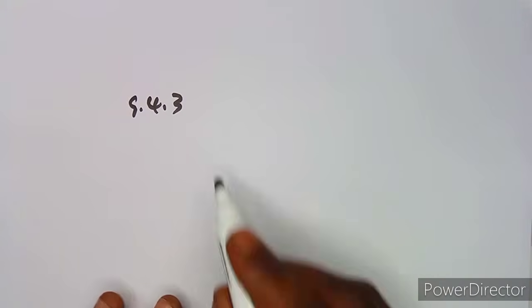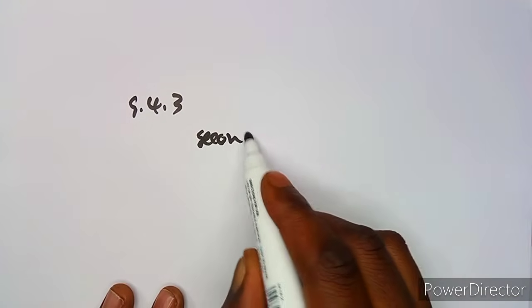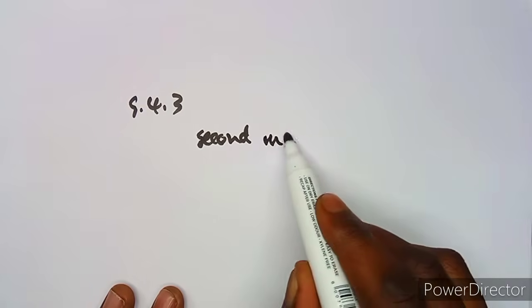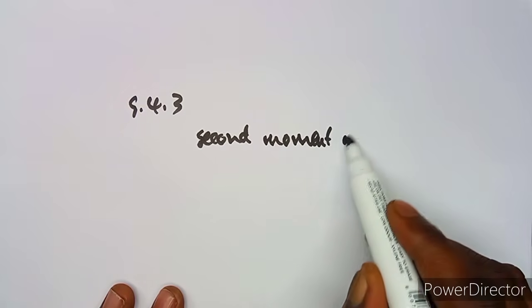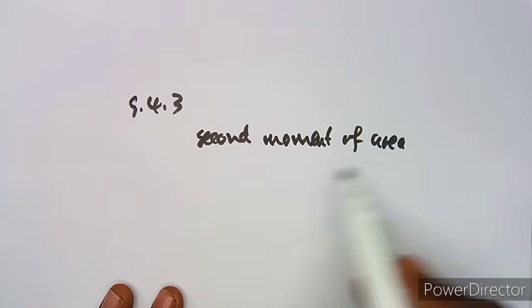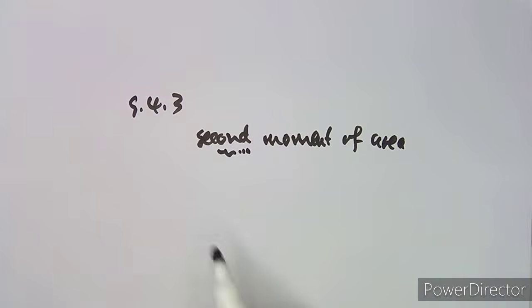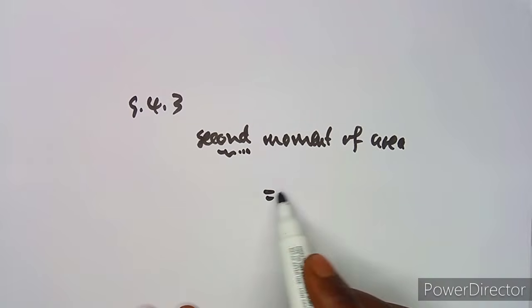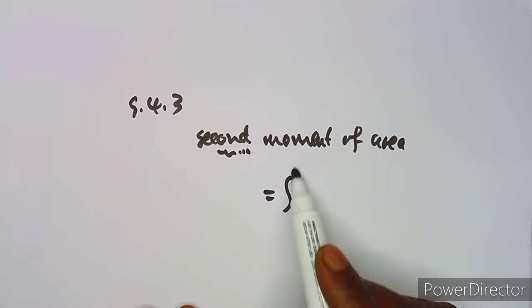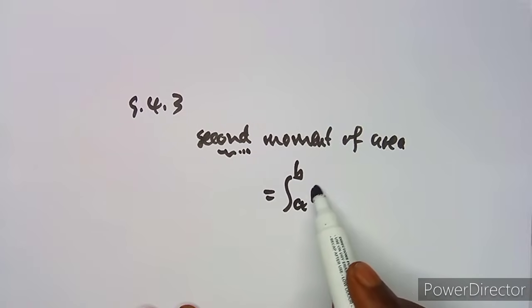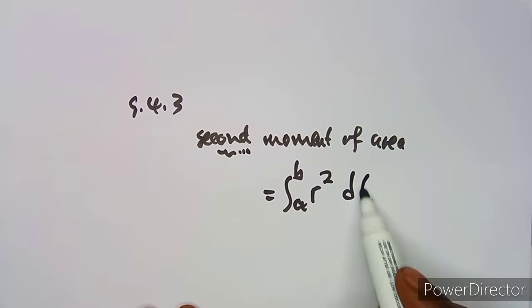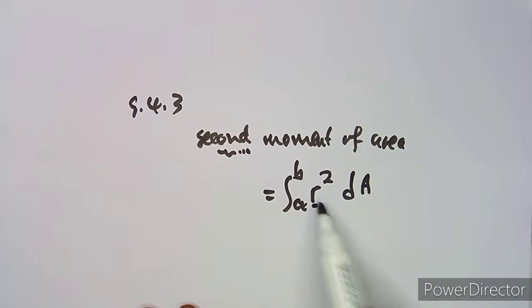On the second moment of area, the only thing that changes is this. You just square the perpendicular distance. That's the only thing that changes there. So it's going to be something like this: the integral of r squared dA. As you can see, for the second moment you just square r.